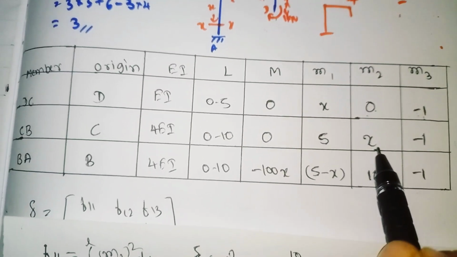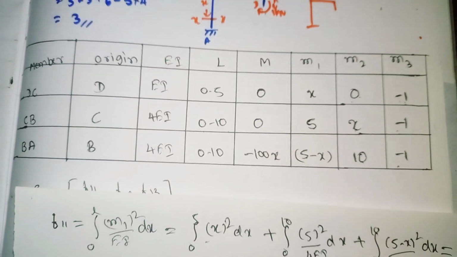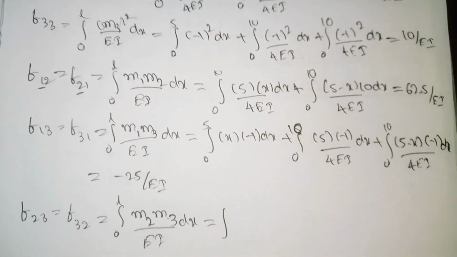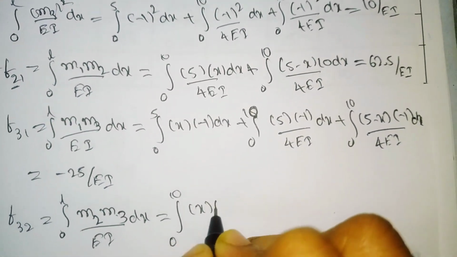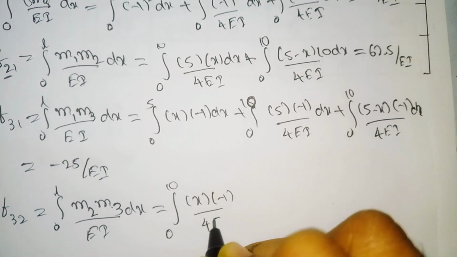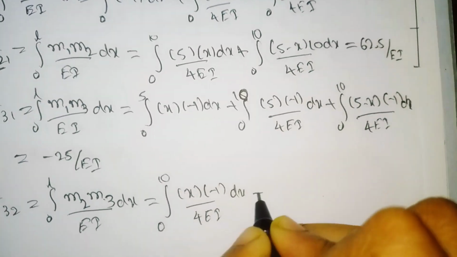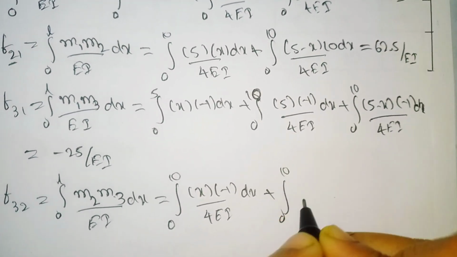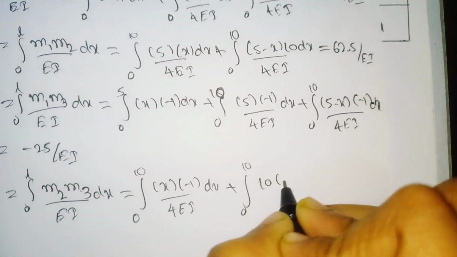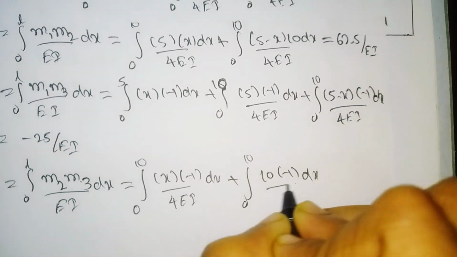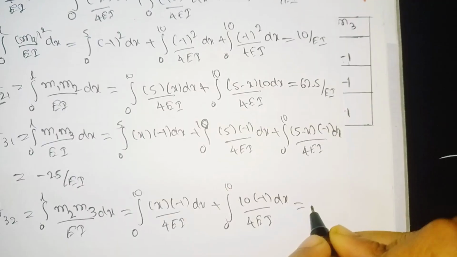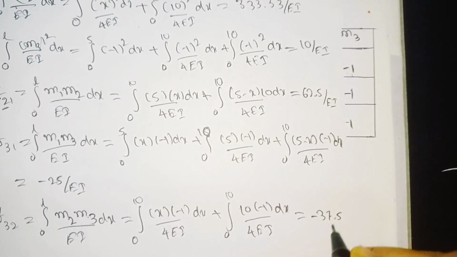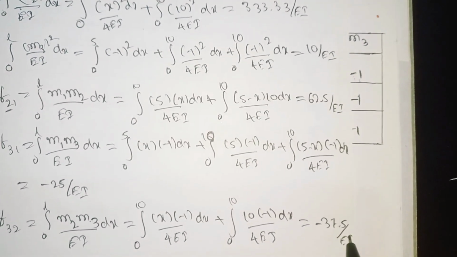For CB, this into this and this into this, integration of 0 to 10 x minus 1 divided by 4 EI dx plus integration of 0 to 10 into minus 1 dx divided by 4 EI. So solve it, it will come out as minus 37.5 divided by EI.